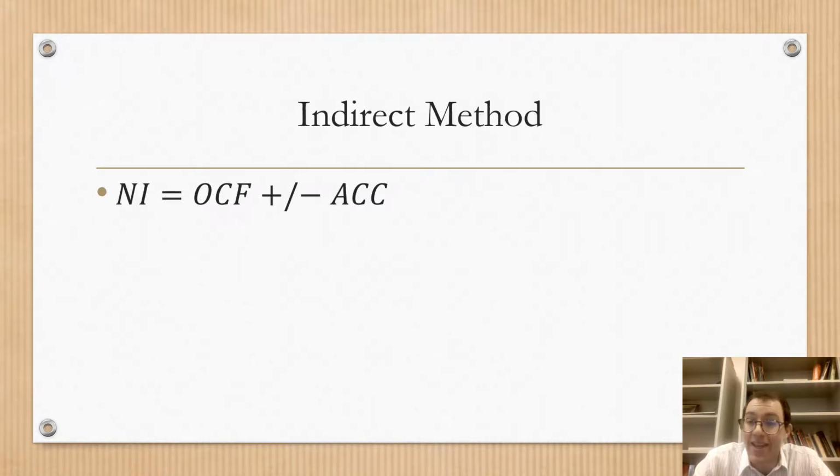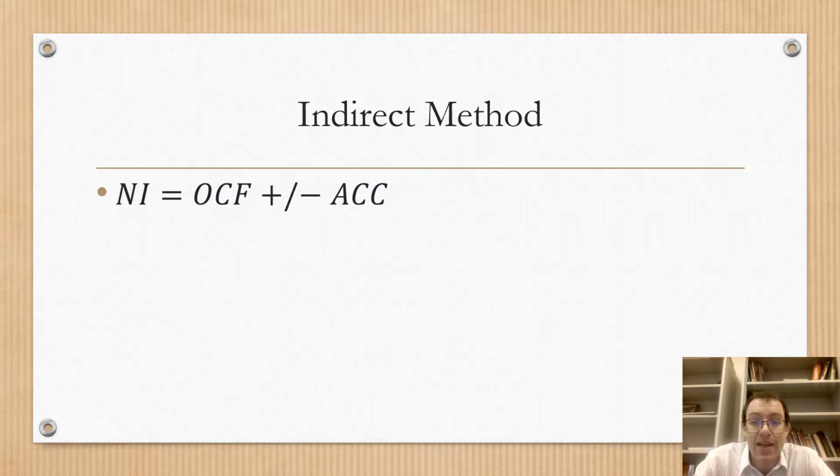So again, we're using the indirect method. Roughly 90% of corporations use this method, so this would be the one to learn rather than the direct method. And it starts with this formula. It says net income is nothing but operating cash flows adjusted for those accruals, which I label ACC.